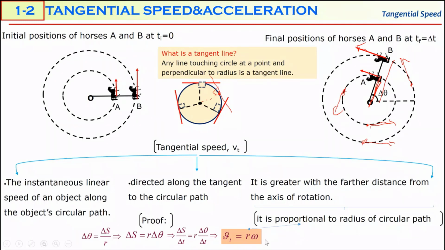So this is the equation which relates tangential speed and angular speed. If you multiply angular speed by radius, you will get the tangential speed of any horse on this carousel. So we will use this equation now in solving the problems.